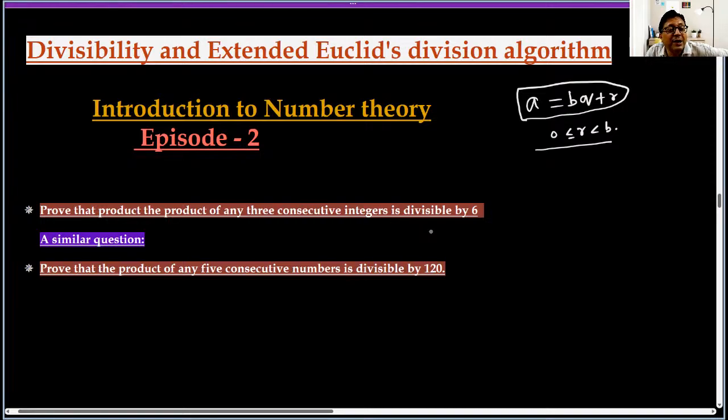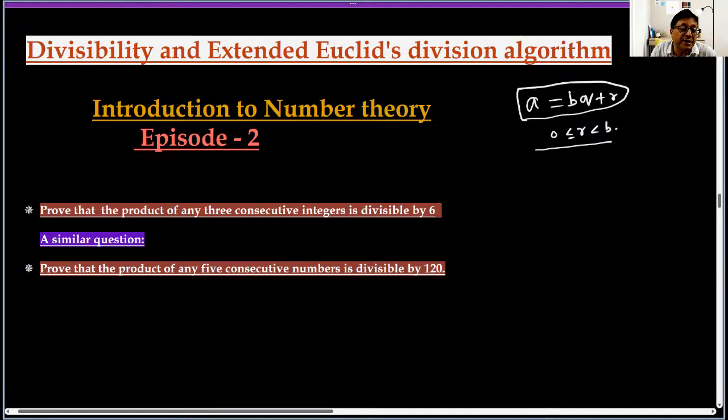Prove that the product of any three consecutive integers is divisible by 6. I am starting with the easiest one.